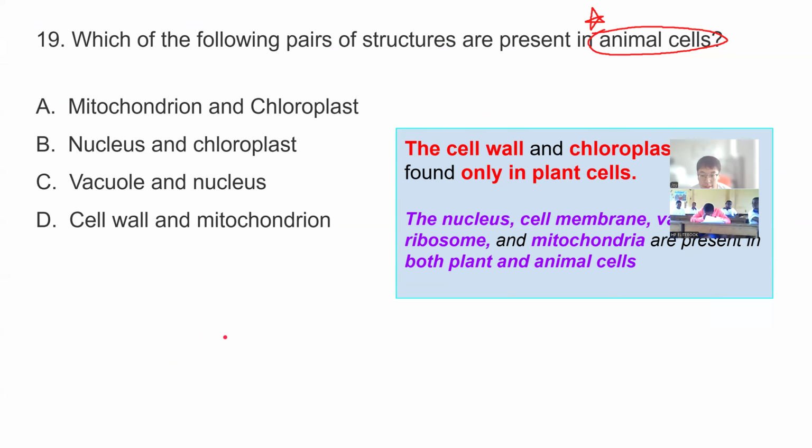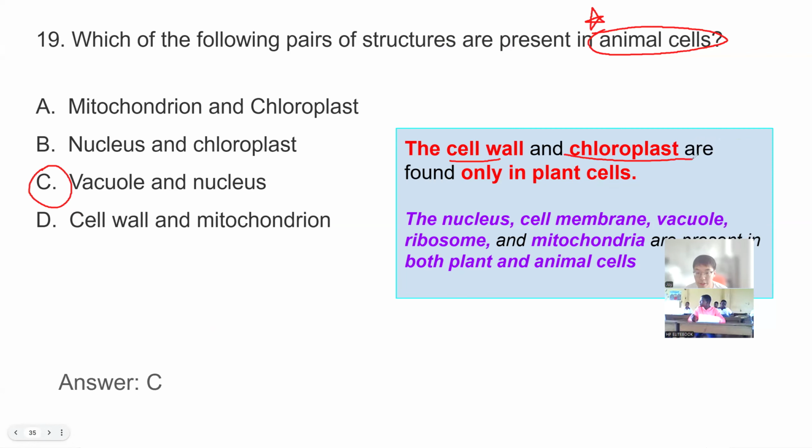I think I heard C, and that is correct. The answer is C. That is because cell wall and chloroplast are only found in plant cells. But C is the only one that is present in animal cells.